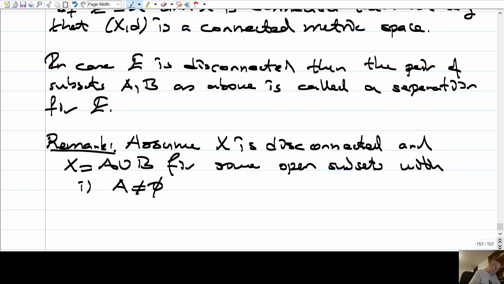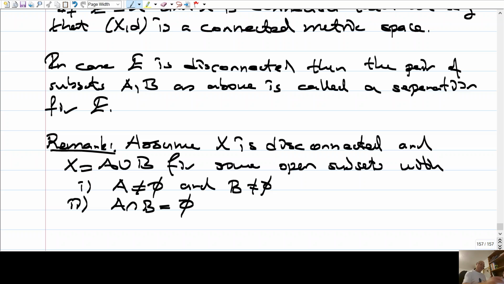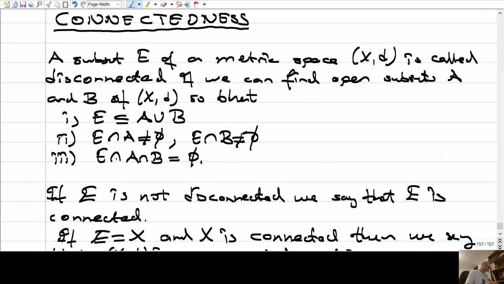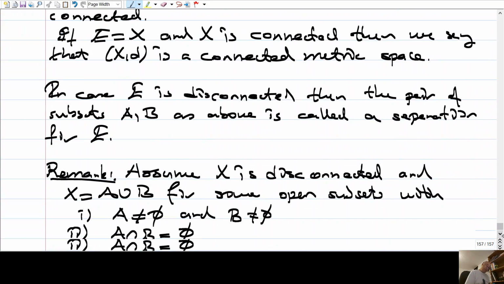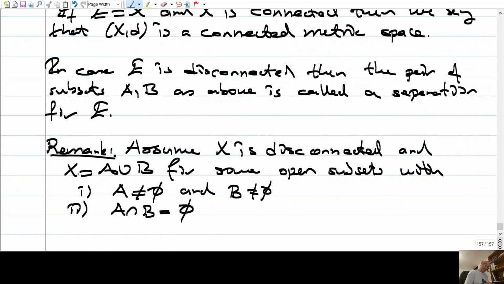In other words, A should be non-empty and B should be non-empty. And the second condition is that X intersection A intersection B should be empty. So we have three conditions: X is a union of these two, none of them is empty, and their intersection is empty.